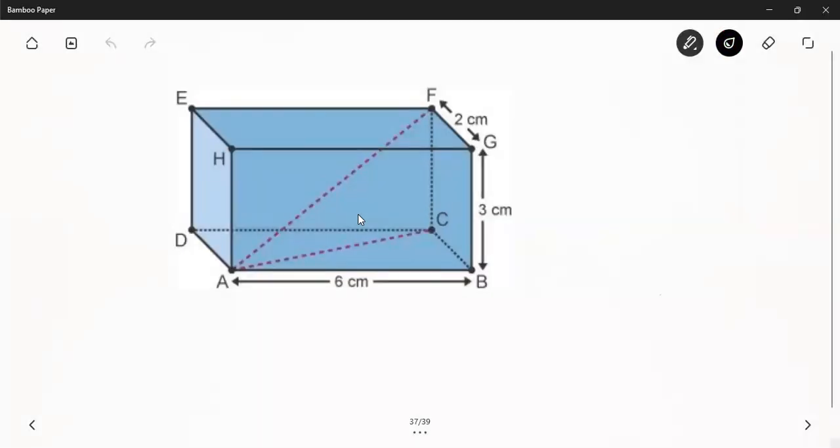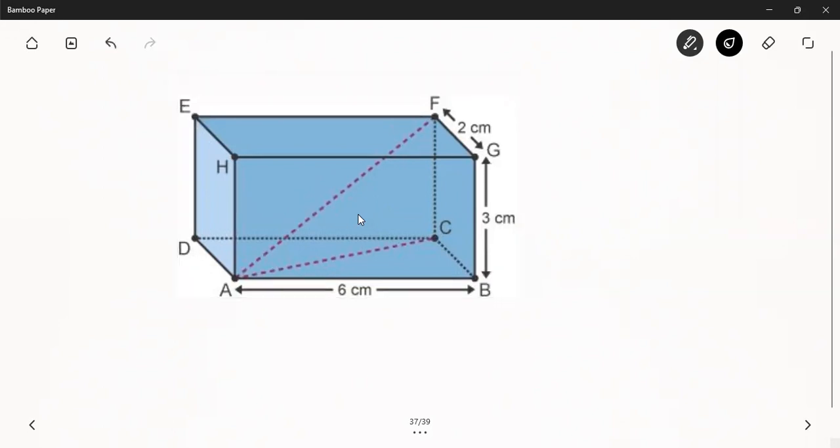The task that we have to do is this. Look at this. We have a box. It comes with 3 basic dimensions. AB is 6 centimeter. We have BC, which is 3 centimeter. And also we have FG, which is 2 centimeter. Now, what we want to do is find the angle which is here.